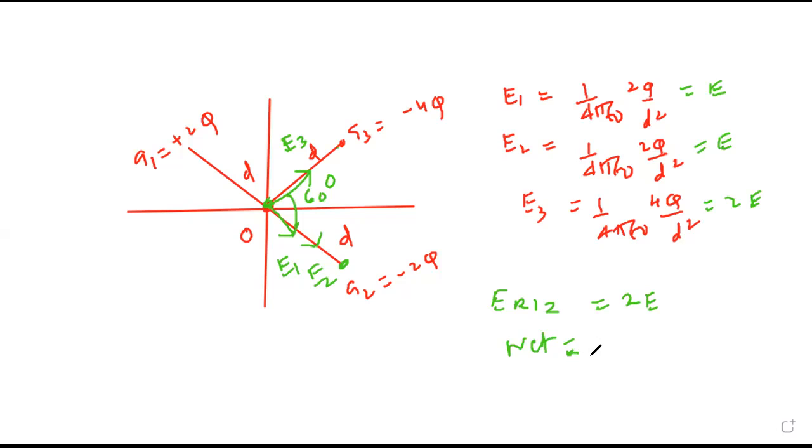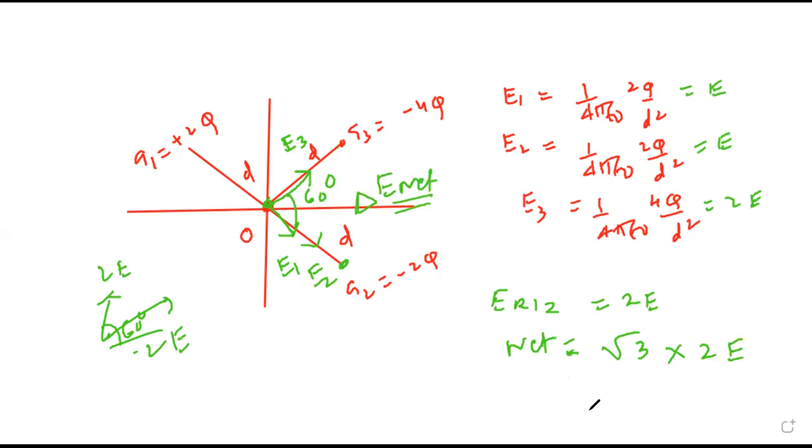When two equal vectors are inclined at 60 degree, the result is root 3 times the given vector.